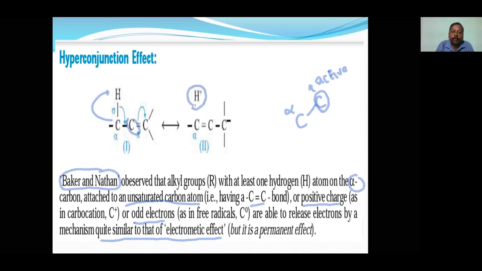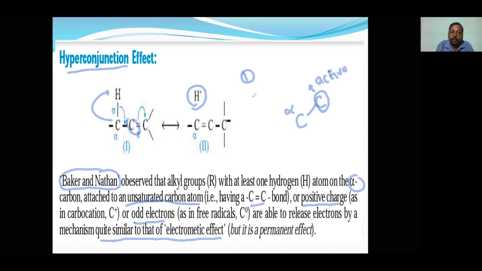So that unique capability lies only in the alpha hydrogen. Normally you will find atoms converting their pi bond into a sigma bond, but here you will find a sigma bond converted to a pi bond. So that effect is called hyperconjugation. There are 2 very important points you will remember.